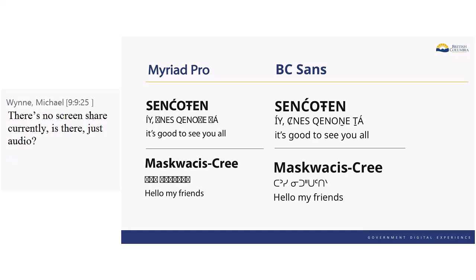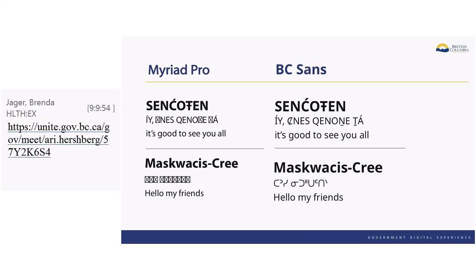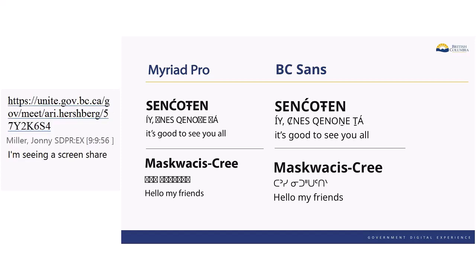When we looked at Noto Sans to make it into BC Sans, we did an analysis of where there were gaps, where characters weren't rendering properly. We worked with First Voices to test the font on their website. That group is focused on Indigenous languages, so it was a great resource for us to connect with.